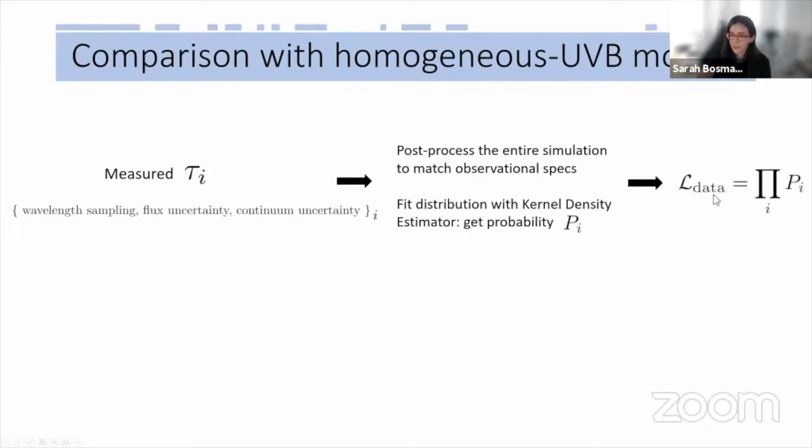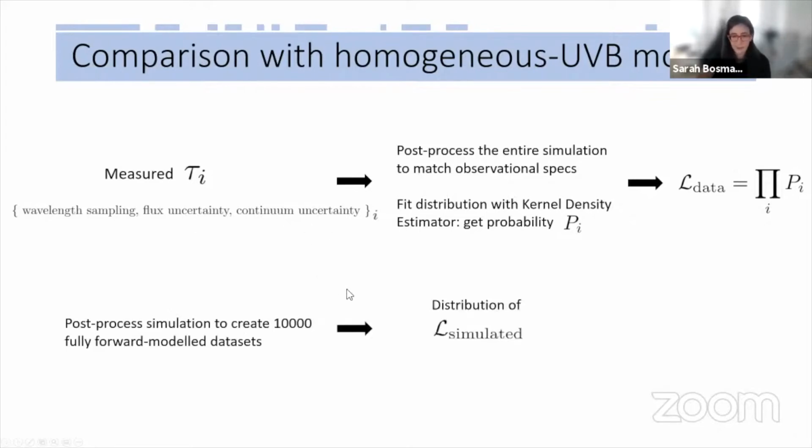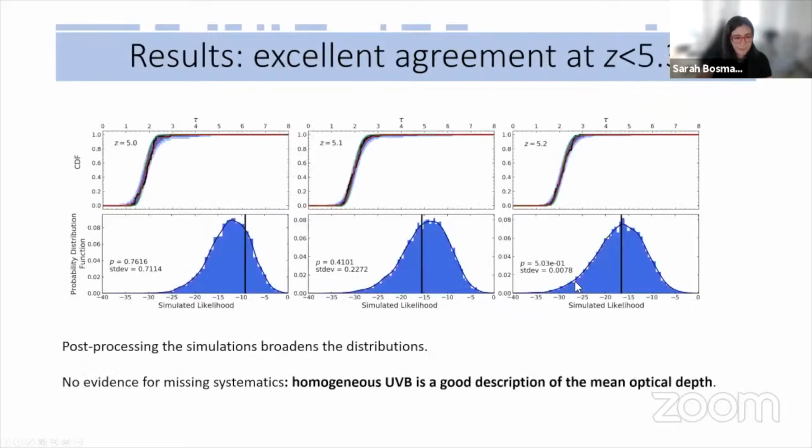Then we aggregate these probabilities into a data likelihood. To interpret this likelihood, we then create 10,000 mock data sets with the same size and all observational specs as the observations. We get a distribution of simulated likelihoods, and then by comparing those, we can deduce the probability of our full data set of observations instead of having a high-level summary statistic.